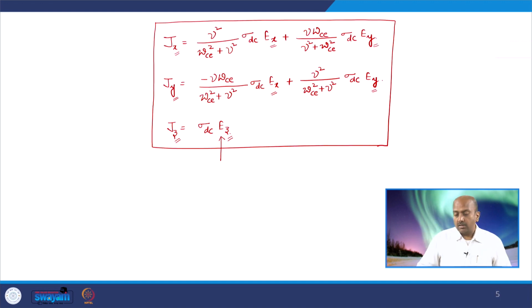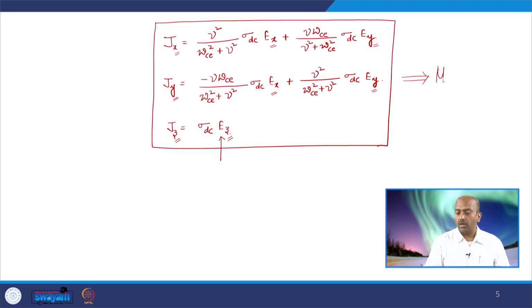So, in the next lecture we will try to write this in a matrix form and understand the meaning of the conductivity along different directions. Now the point is, because of the presence of the electric field and the magnetic field, the conductivity is different in different directions, right? Because the magnetic field creates anisotropy in the plasma. Okay, so we will try to understand more important aspects about this conductivity in the next lecture.